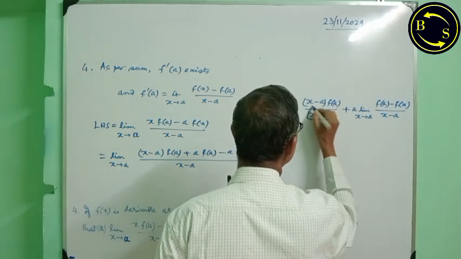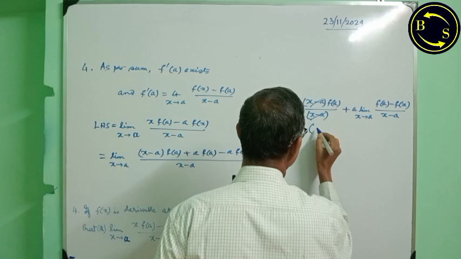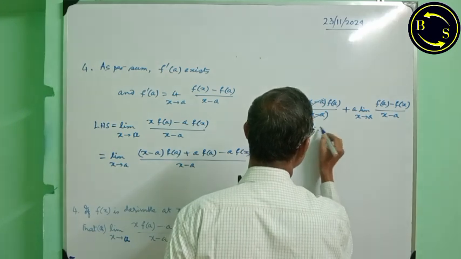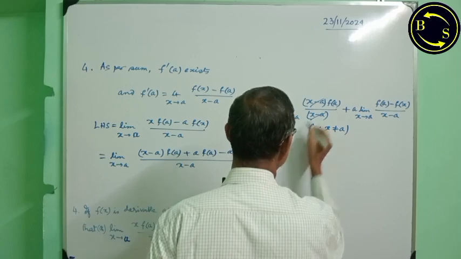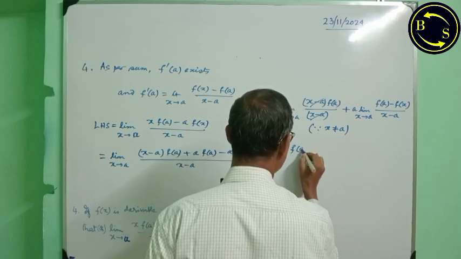Now these two are cancelled since x is not equal to a. Therefore from this I get fa.